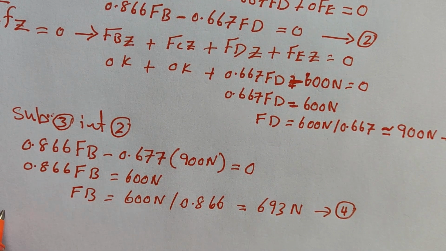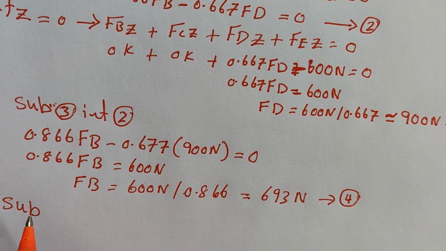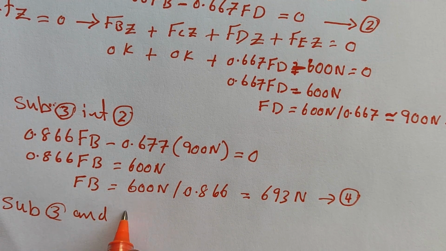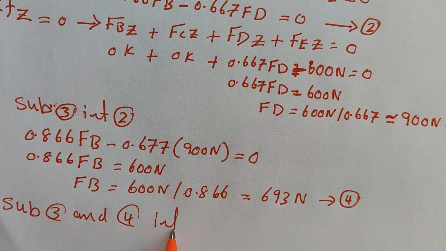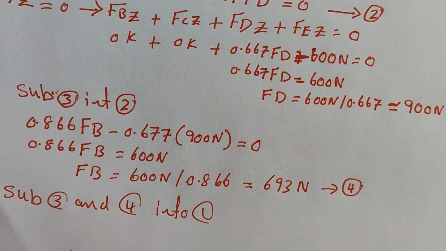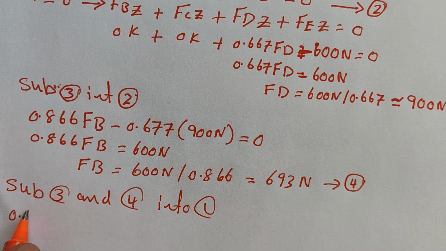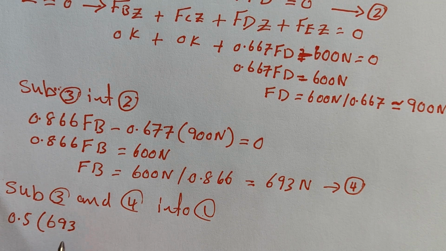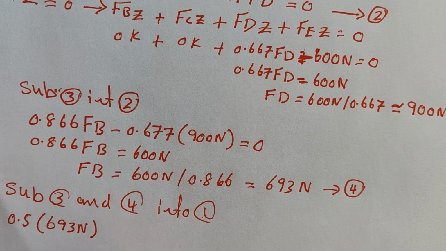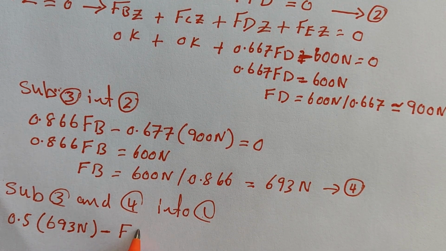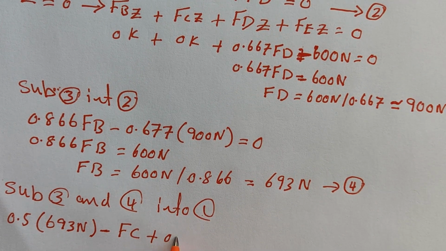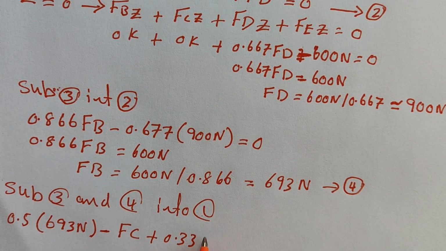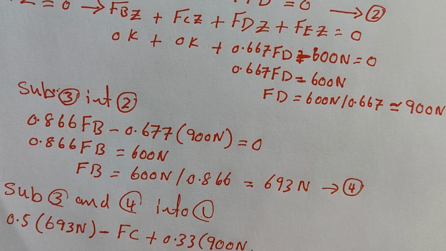So substitute 3 and 4 into 1. When you substitute into equation number 1, we have 0.5, which is the sine 30, times the 693 Newton minus FC plus 0.33 multiplied by 900 Newton.